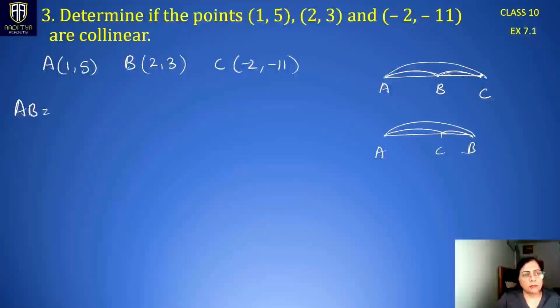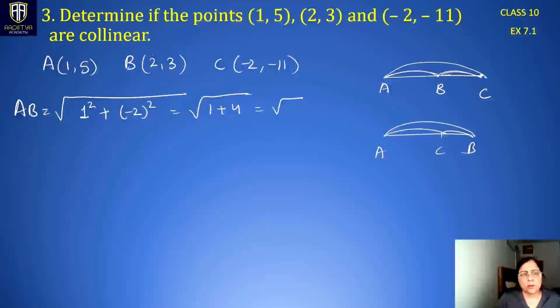For AB, I am writing x2 minus x1. 2 minus 1 is 1 whole square. 3 minus 5 is minus 2 whole square. So this is equal to root of 1 plus 4, that is root 5. Find the distance of BC.